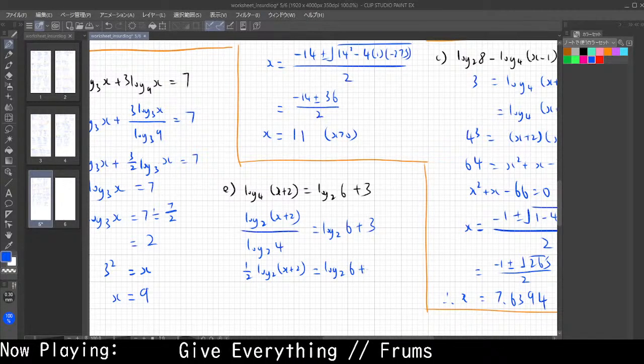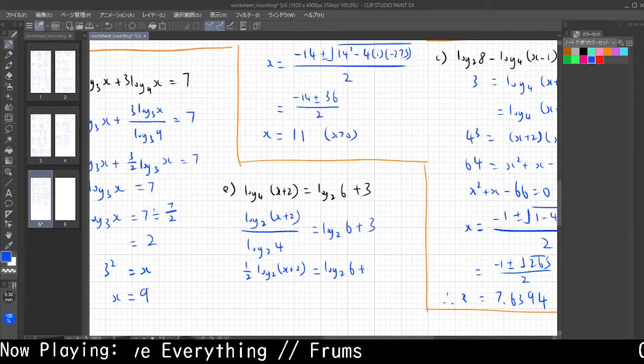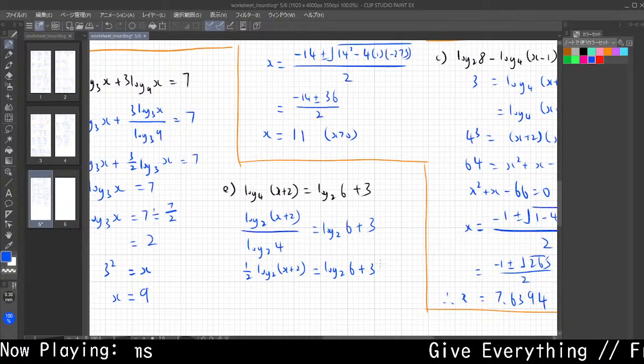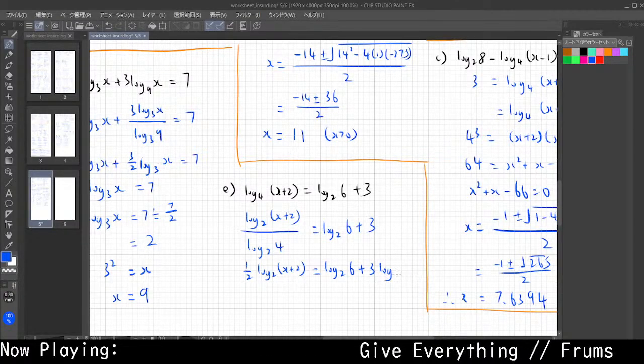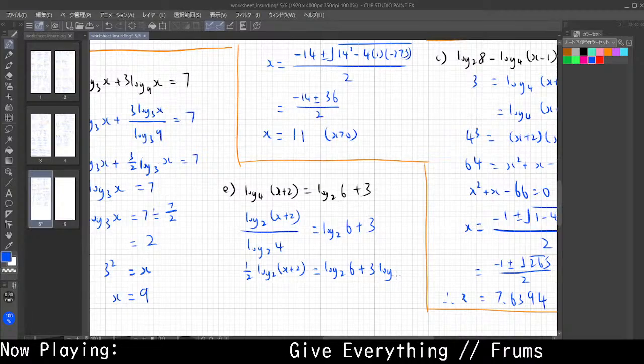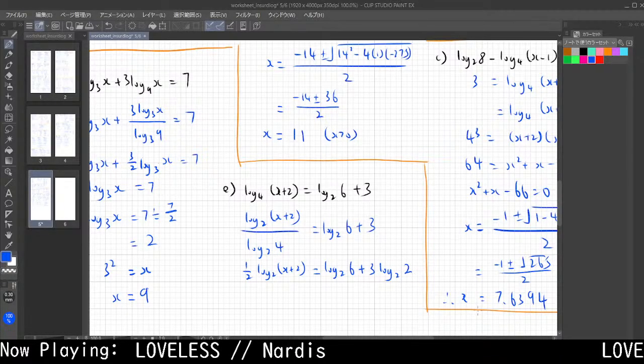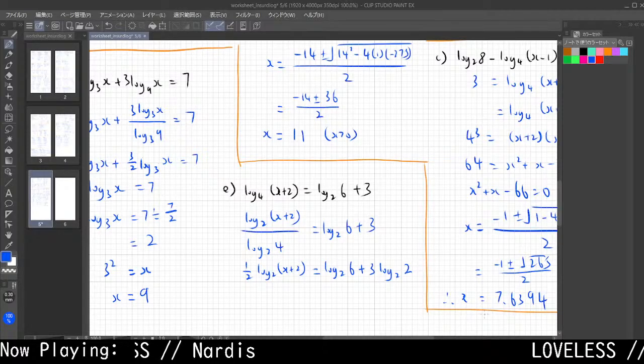Your 3 is 3 times 1, and your 1 can turn into a single log. Both logs need the same base, so you just write log base 2.